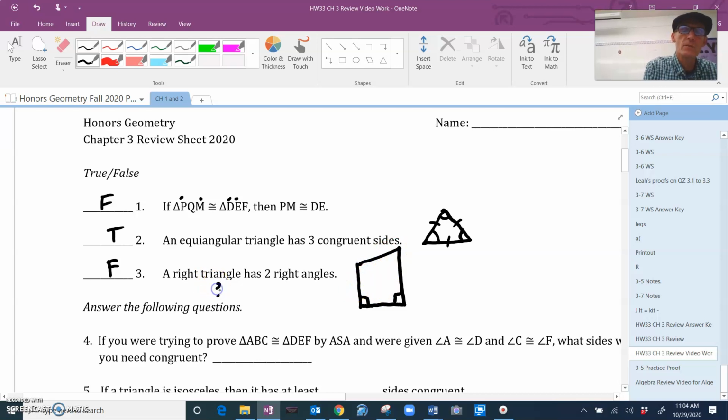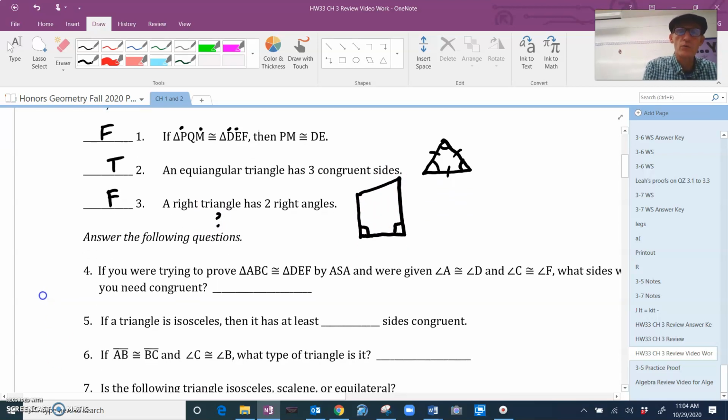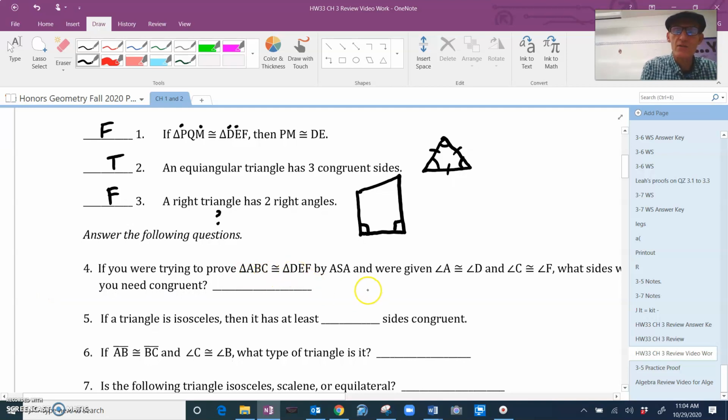So, number 4, if you were trying to prove triangle ABC congruent to triangle DEF, the best way to do that is to draw them. So I would put ABC here, DEF. And A is congruent to D, so this angle and this angle.